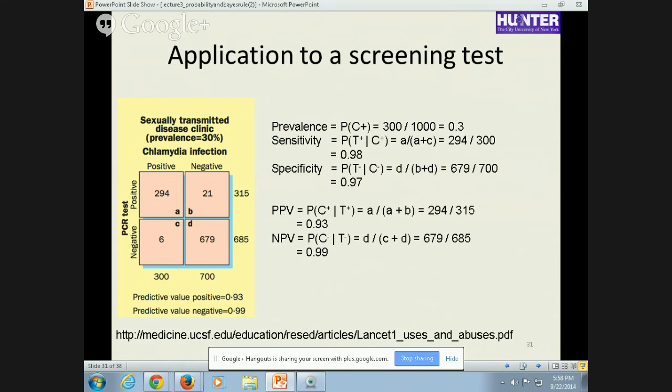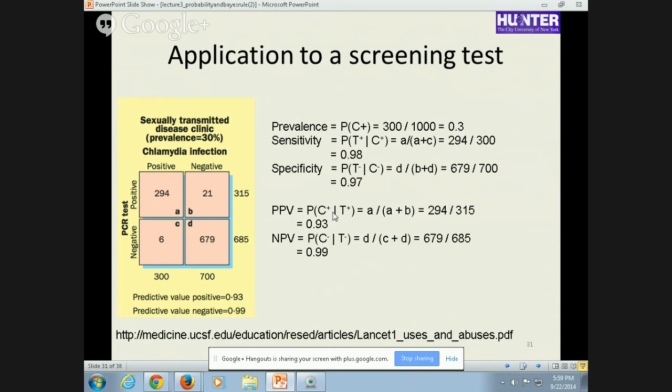It's worked out here. This is taking the chlamydia example from the clinic from before, and having you actually calculate the prevalence, the sensitivity, the specificity, the PPV, and the NPV.